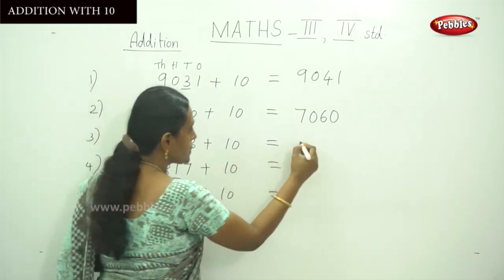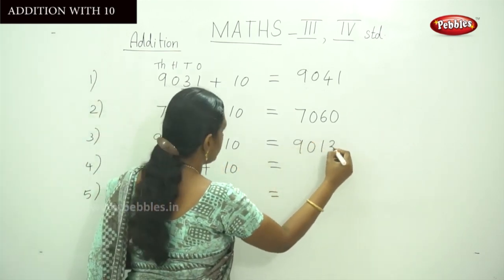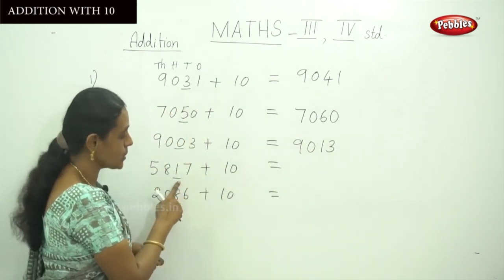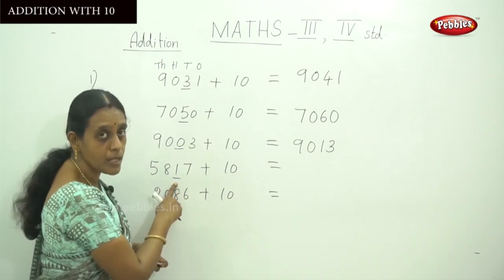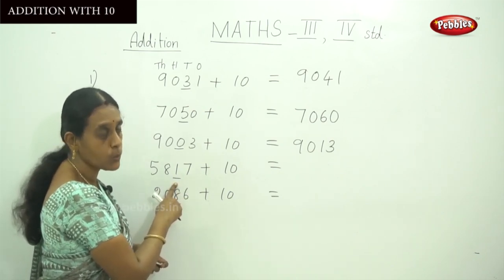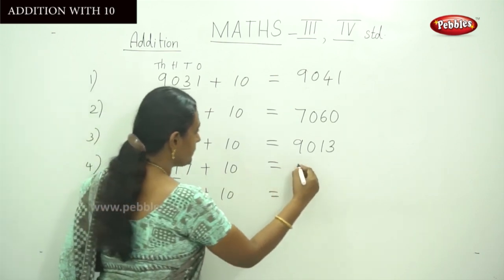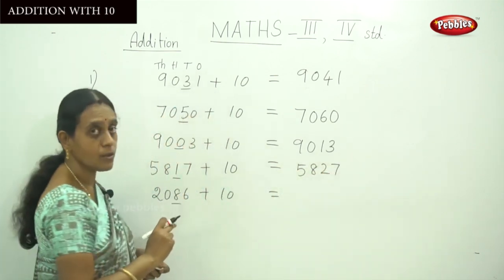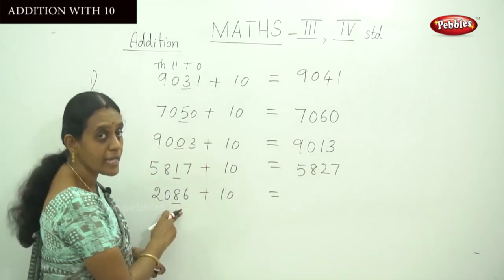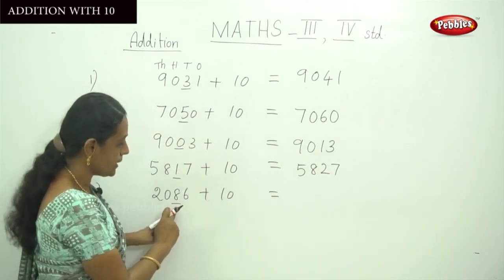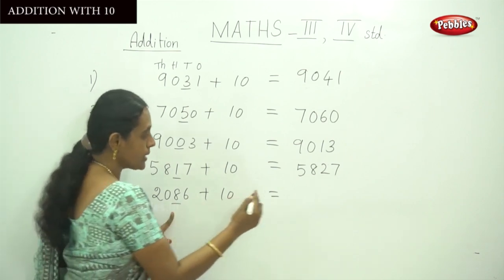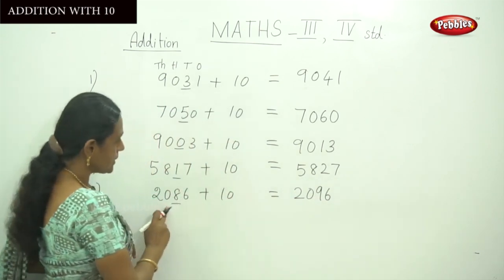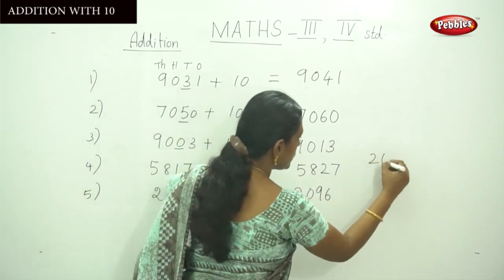So 9013. And here 5817: the tens digit is 1, so the next is 2. So 5827, children. And 2086: the next after 8 is 9. That is 2096.